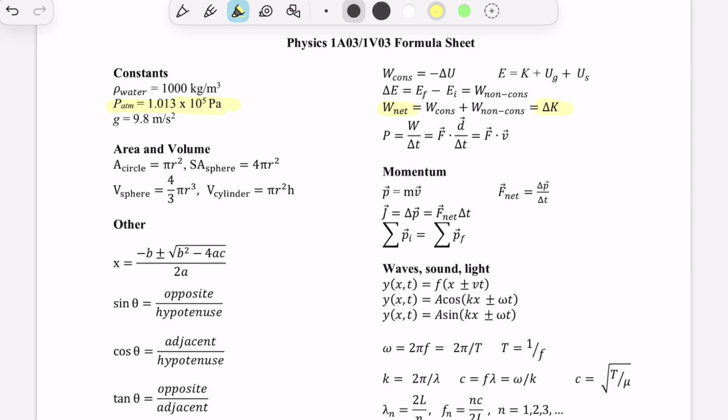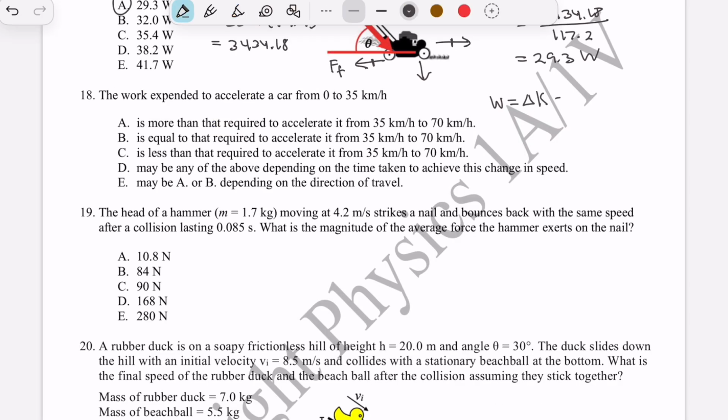And we know that kinetic energy is half m v squared. And then to calculate the change in kinetic energy, it's going to be half m times vf squared minus vi squared. So let's see if this will change the work at all.